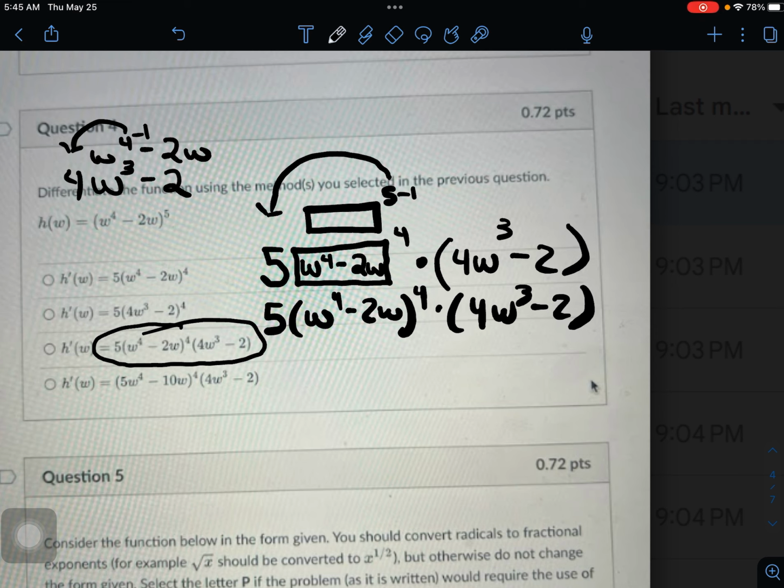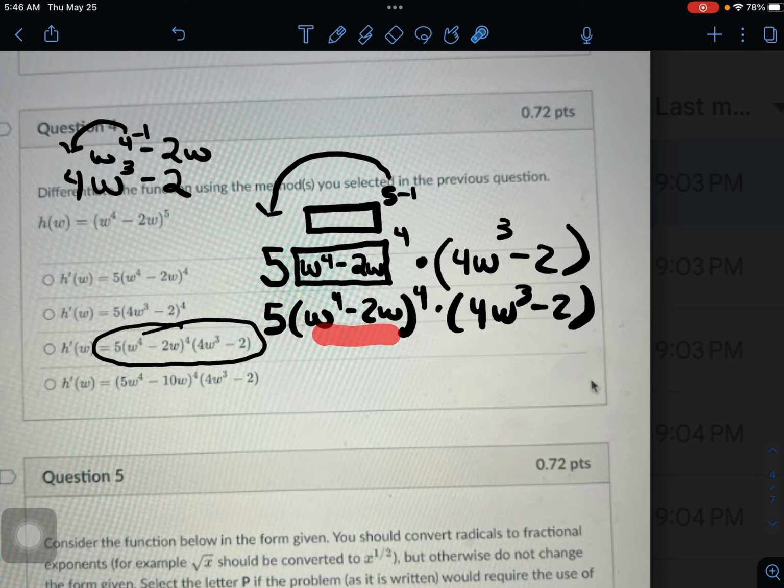Let me look at that last one, because it's not the last one. The last one's a trick answer, because some people are going to pick that last one, this one right here, because they're going to think you can distribute this 5, but you can't. You can't distribute the 5 because you have to do the order of operations. Order of operations is PEMDAS.